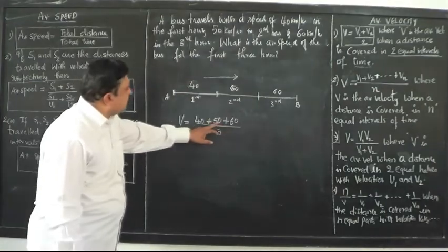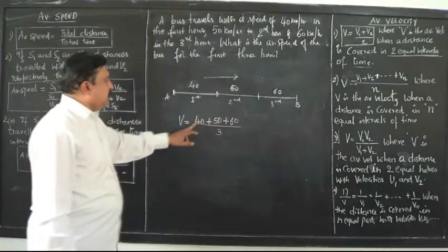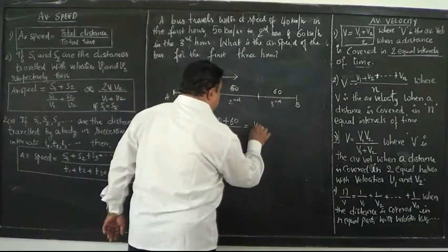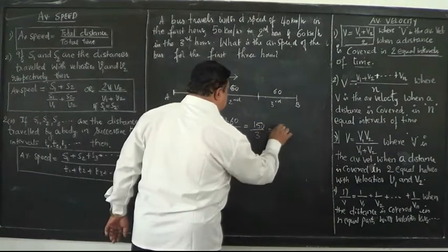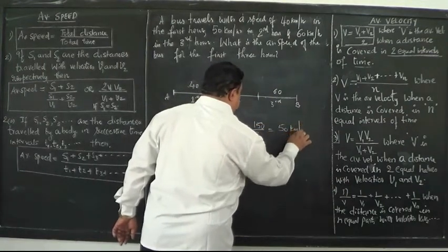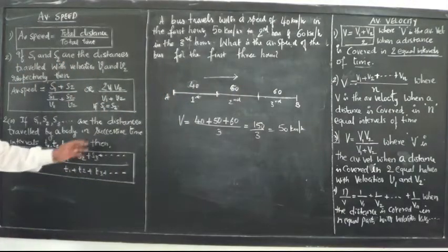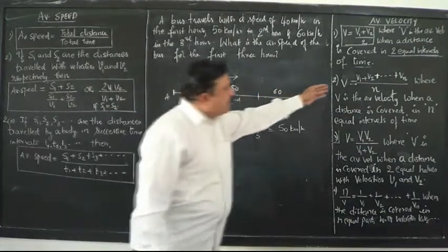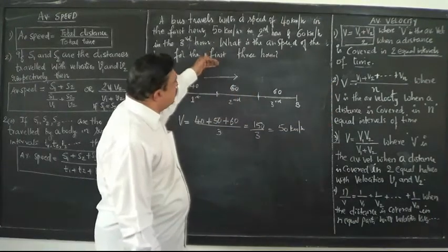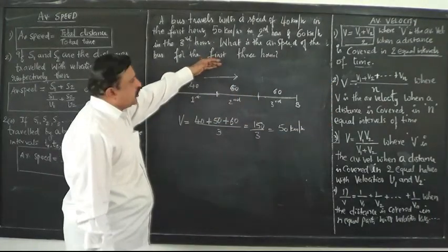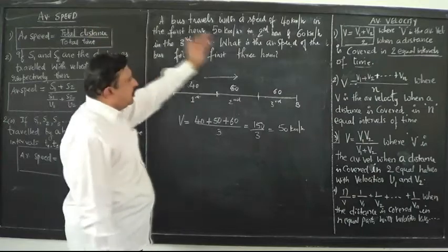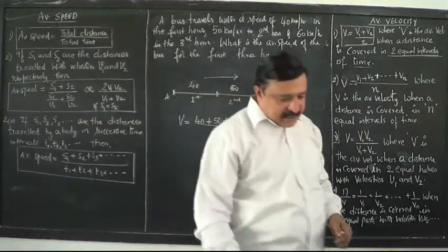So 60 plus 50 is 110, 110 plus 40 is 150, 150 by 3 is 50 kilometers per hour. That's all. You can straight away make use of the formula that you know to handle any particular situation on average speed or average velocity.